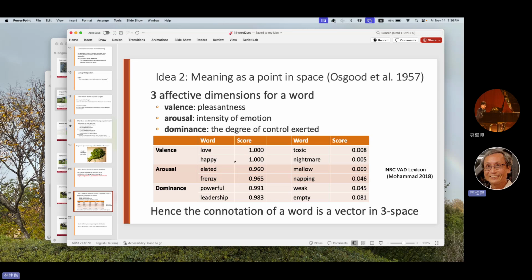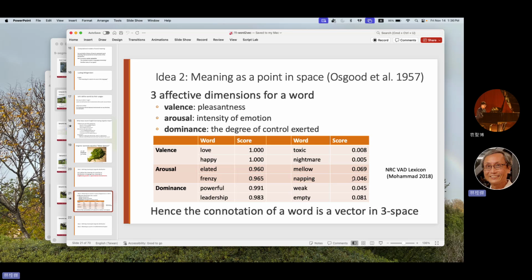In that dimension, one would have a full score and the other a very weak score. In another dimension, one is frenzy and the other is napping. Napping means you don't really care, and frenzy means you are very, very eager. Again, they have very opposite meanings.